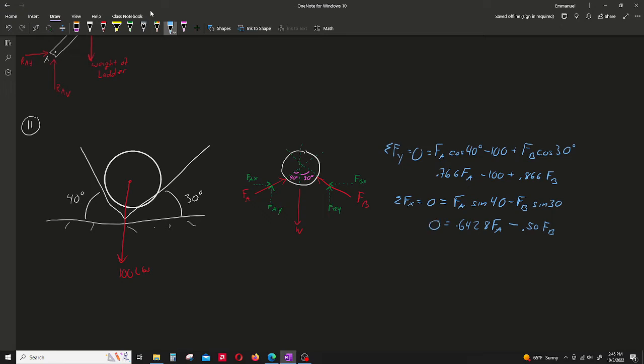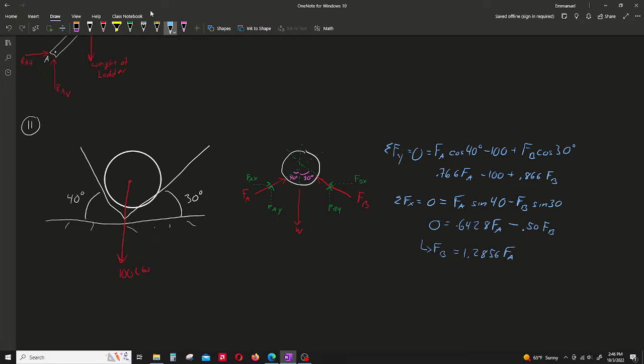And with that, we can solve for FB. FB is just going to be equal to 1.2856 FA, which I get from taking 0.6428 and dividing it by our 0.5, once we bring everything over to the other side of the equation.